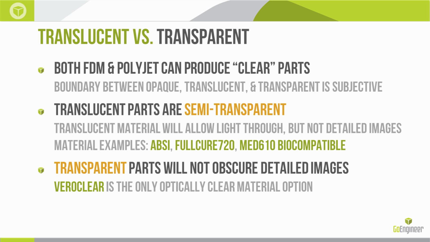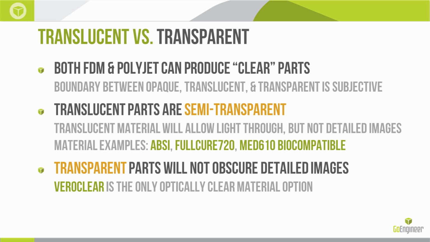Translucent parts will allow light through, but they won't allow you to see detailed images from behind the part. So some material examples of translucent materials would be ABS-i, which comes in amber, red, and clear. Think of a tail light. That's an FDM technology.